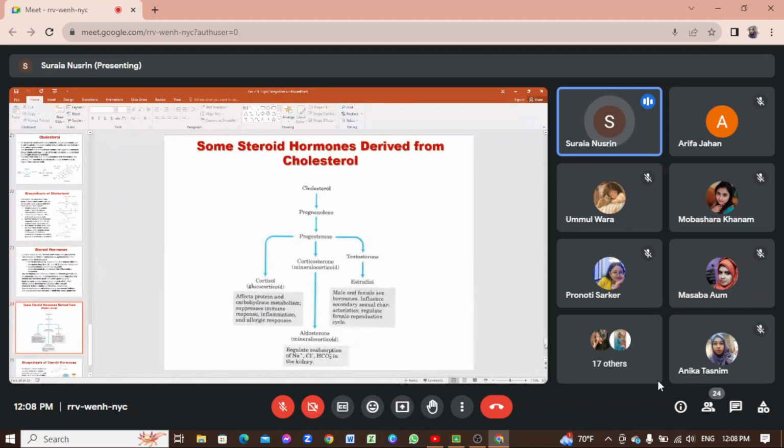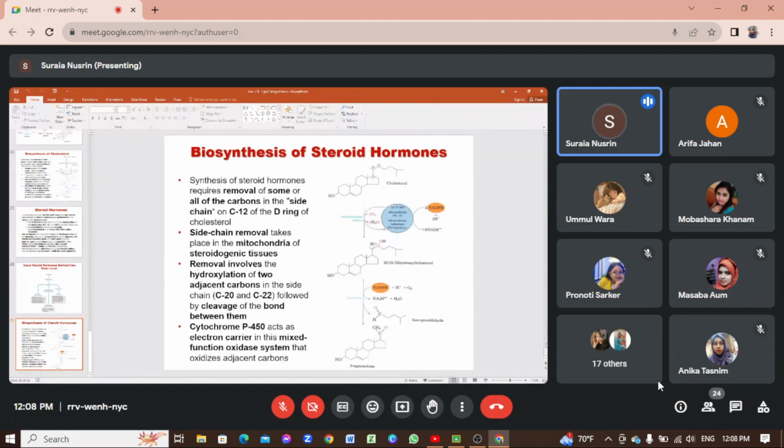Okay, so the particular biosynthesis is shown here, but it is not so important at this stage, and it is also a very complex pathway.